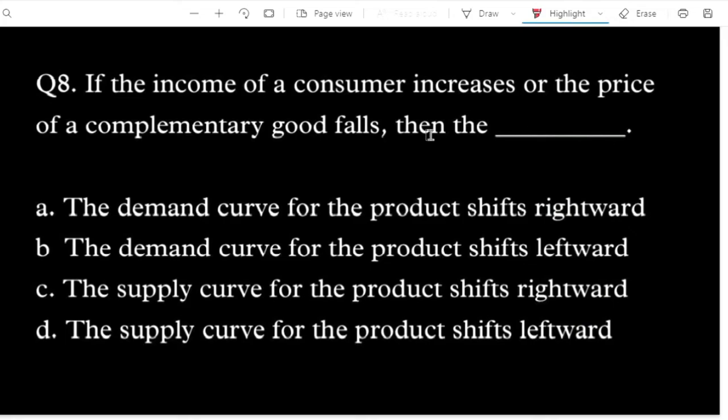Option B, the demand curve for the product shifts leftward. Option C, the supply curve for the product shifts rightward. Or option number D, the supply curve for the product shifts leftward. The correct answer will be the demand curve for the product shifts rightward.